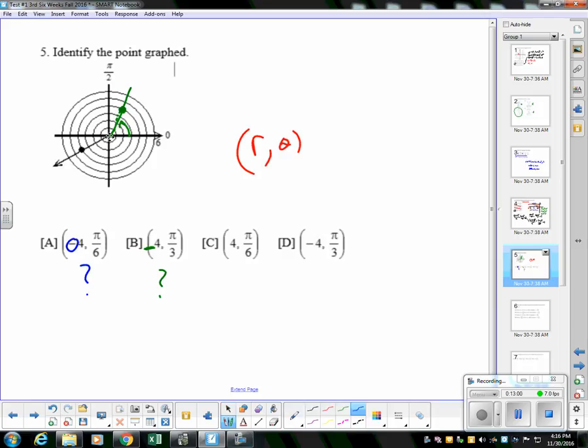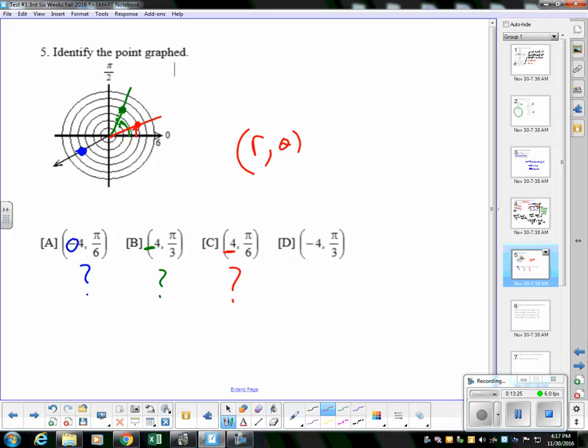I'm going to keep this dot right here still as blue. A is the answer choice. I'm going to keep it as blue. Let's look at C. If C were right, then what C is saying is that we rotate pi over 6 radians, which looks to be the right angle, but because 4 is positive, it means that we walk 4 units and we land right there on that red dot.